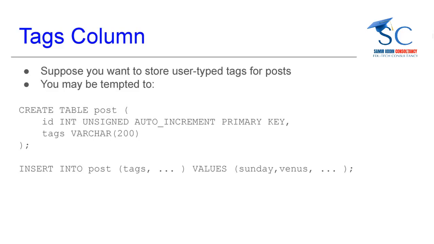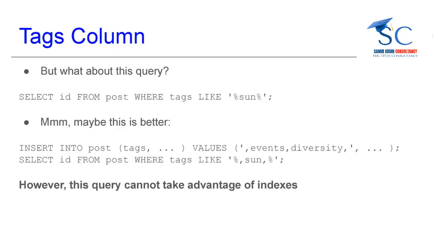Maybe you don't want to create a separate tag table with simply the name of the tag and maybe the ID of the tag. So you just create a post table, and in the post table you create the tag column.